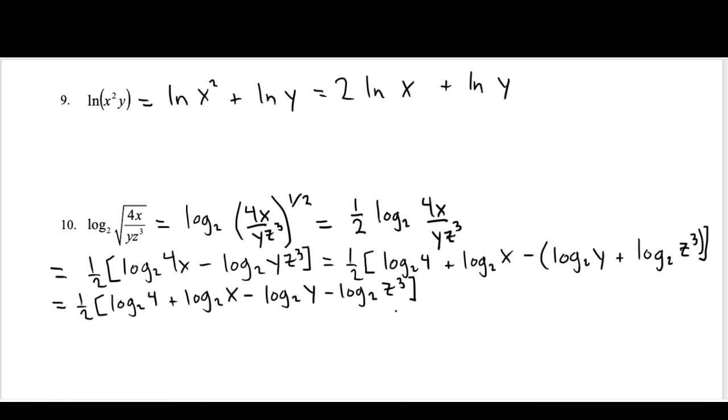Okay. And then let's see what we can do here. Well, log base 2 of 4 can be simplified, right? Because 2 raised to the power of 2 is equal to 4. So log base 2 of 4 is equal to 2.